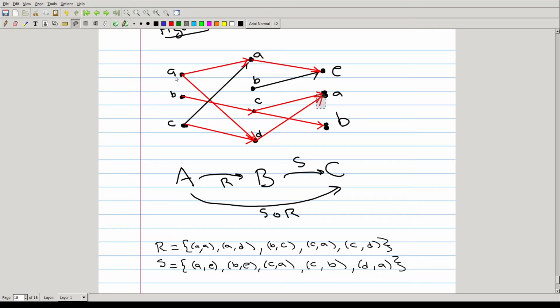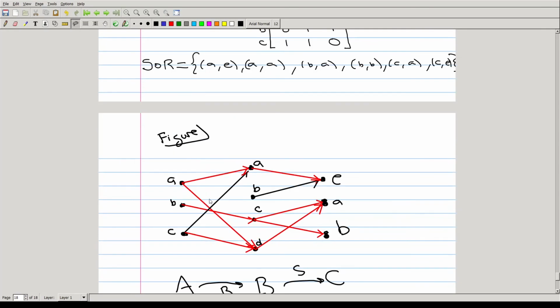And so this corresponds to AE, AA, BB, BA, CA, and CE, which is this last connection right here.